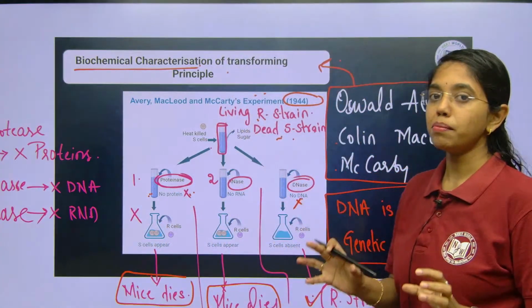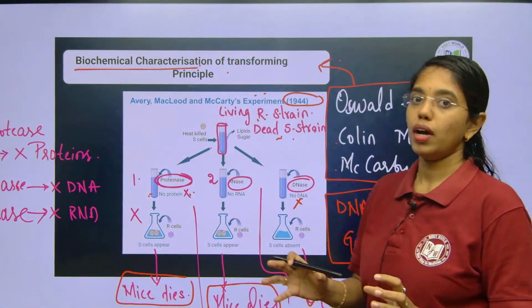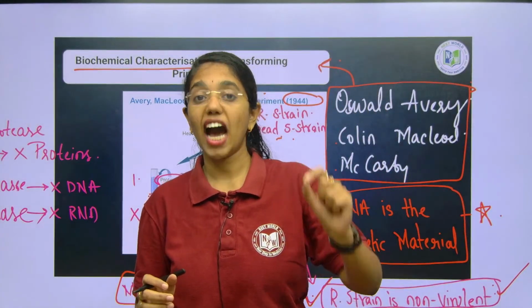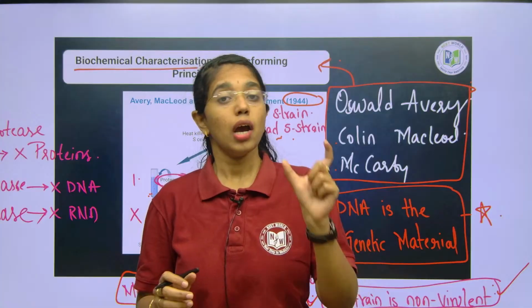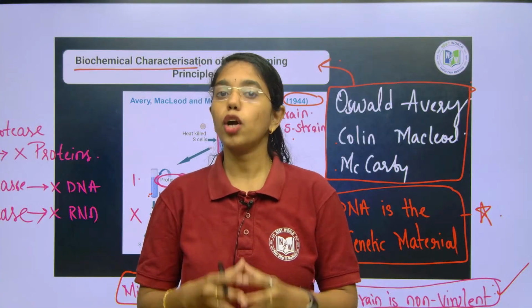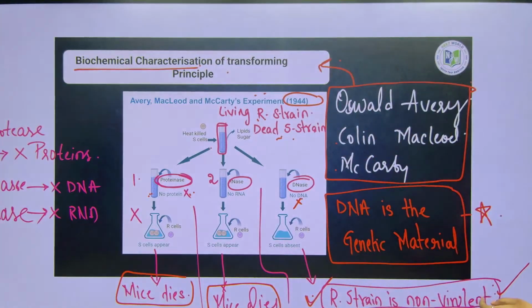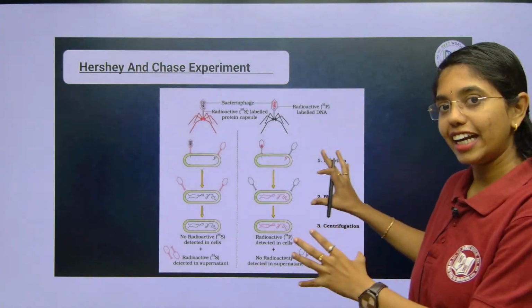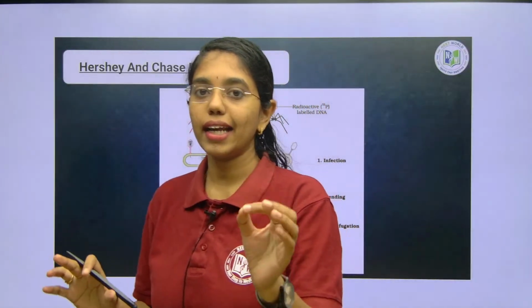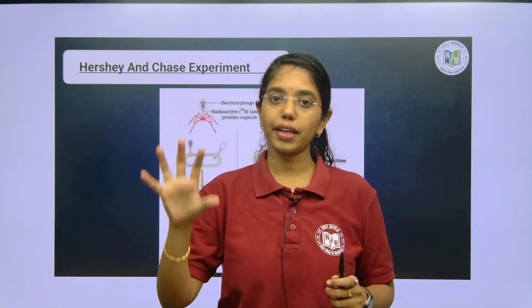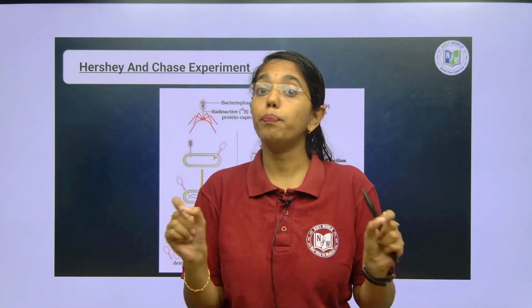There should be some standard proof that DNA is the genetic material itself, and this is provided by the Hershey and Chase experiment, who gave the unequivocal proof that DNA is the genetic material. So, in the third phase, this will end the question mark. Of course, it was answered from biochemical characterization, but then it was not proved, right?